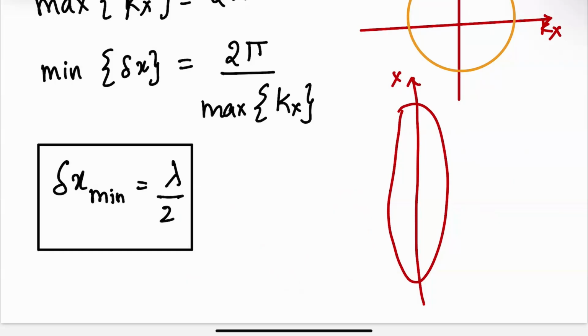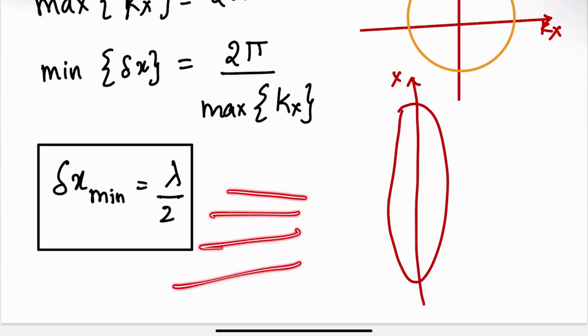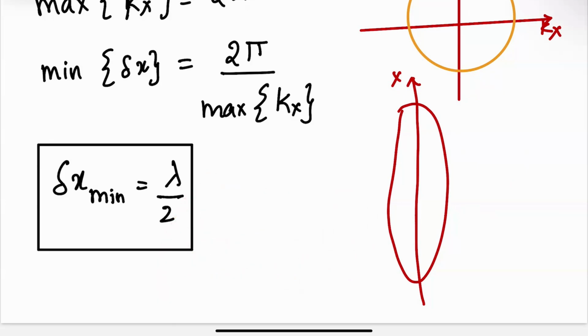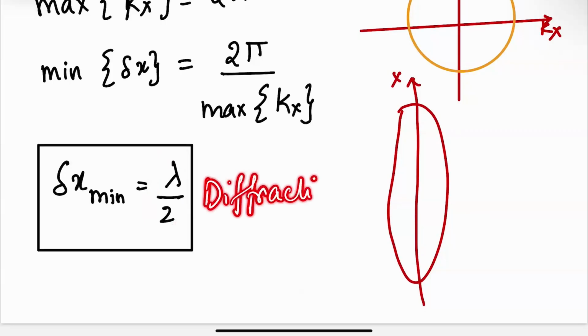But if you can only measure the propagating spectrum, because you're very far away from the object and the evanescent spectrum is not measured, then the best resolution you can get is always limited by lambda over 2. So if you can make an imaging system that has this resolution, then that imaging system is called diffraction limited.